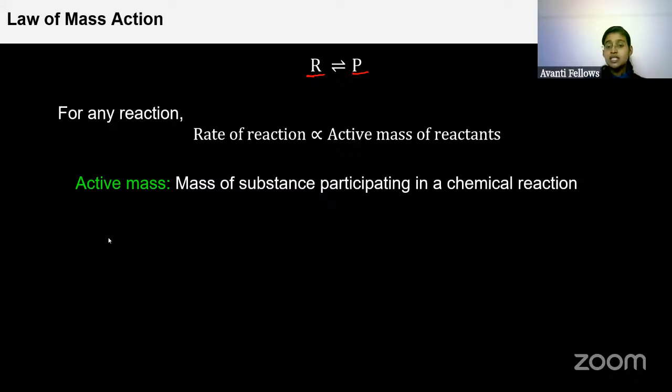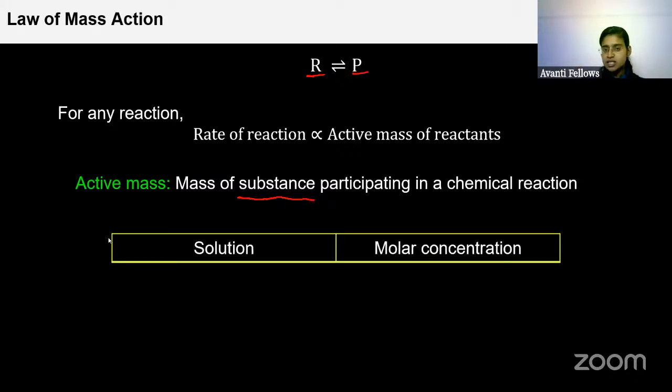The substance can be anything. If the substance is a solution, then the term that you have to use for active mass is molar concentration.